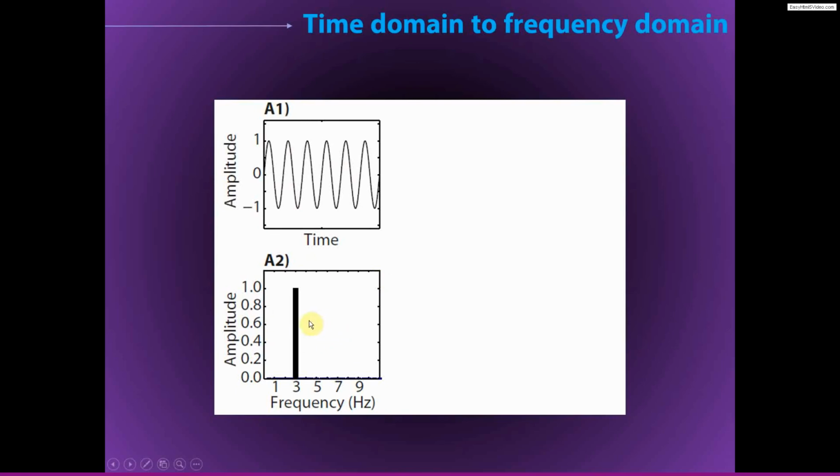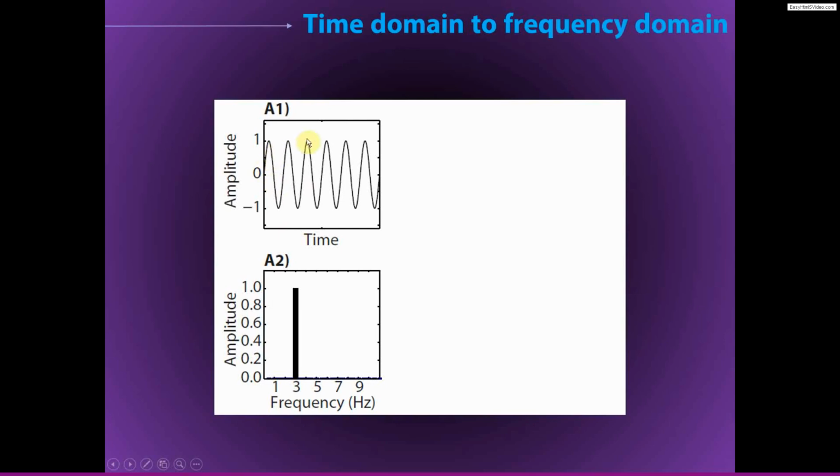In a few lectures, you will learn how to make these kinds of plots by hand, how exactly to go from the time domain to the frequency domain, and how to go from the frequency domain back to the time domain. For now, just focus on interpreting the frequency domain, because it's a little weird at first to understand how these two figures show the same information.